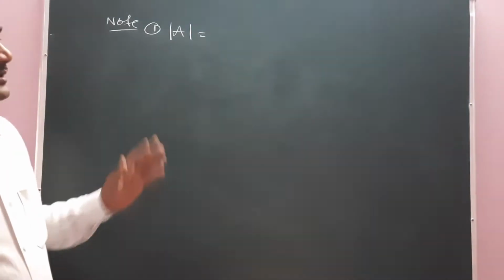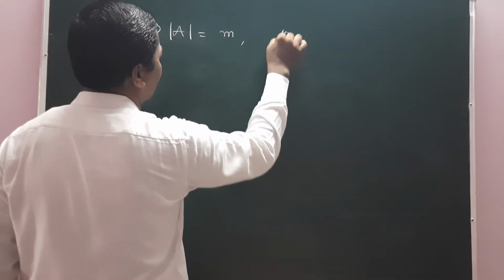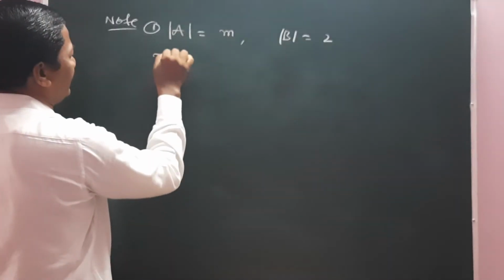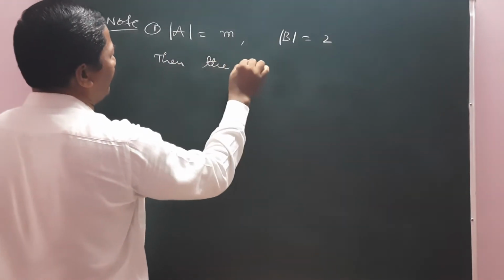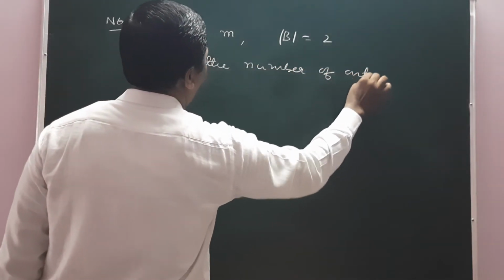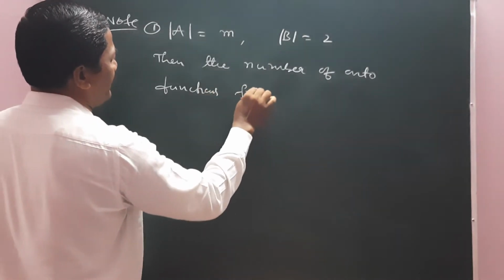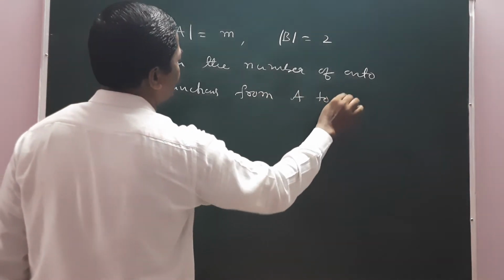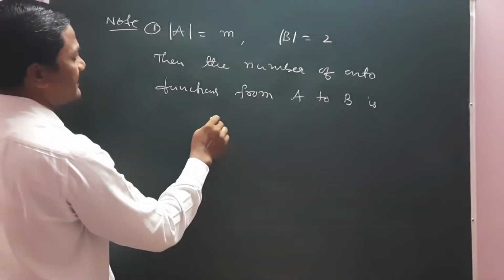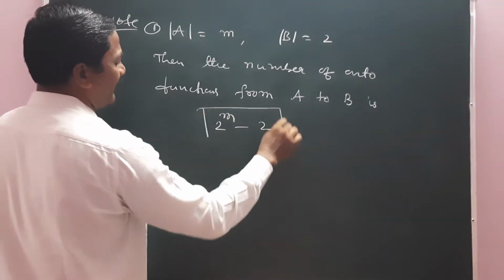Okay. An important note: if the cardinality of A is m elements and the cardinality of B is 2 elements, then the number of onto functions from A to B is always 2 to the power of m minus 2.